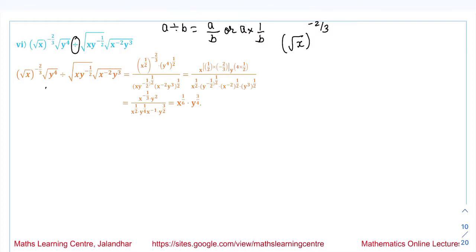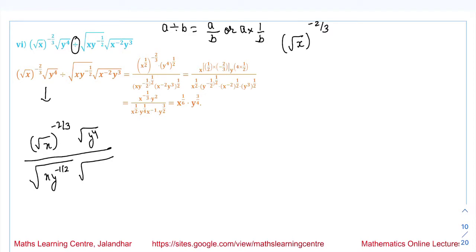So we change this as square root of x raised to the power minus 2 by 3 square root of y raised to the power 4 over square root of xy raised to the power minus 1 by 2 and square root of x raised to the power minus 2 y raised to the power 3. And in the next step we remove these radical signs, and in place of these radical signs we are having the powers 1 by 2.